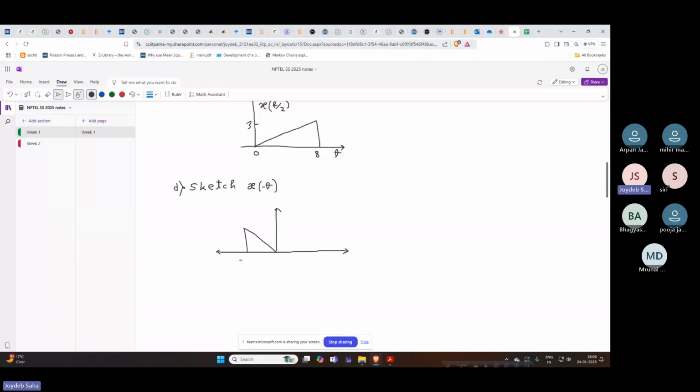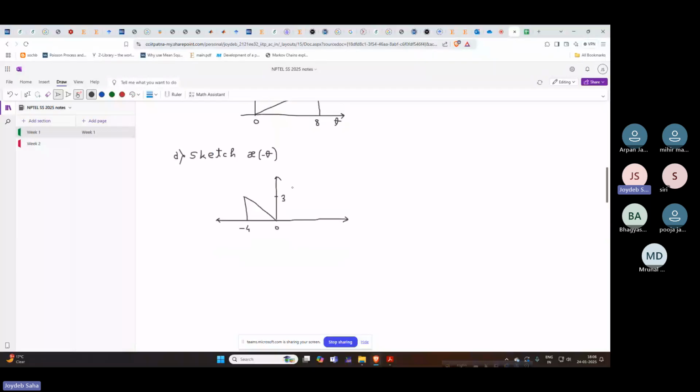It is minus 4 from 0, and this side is 3 as it is. Fine. So this is x of minus t versus t plot. Fine.